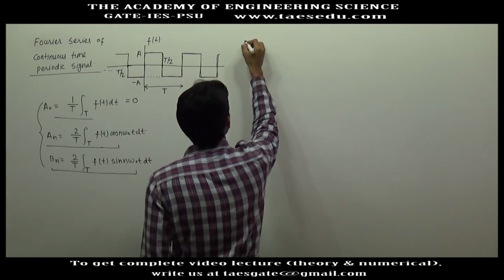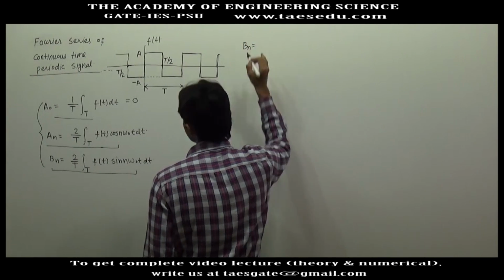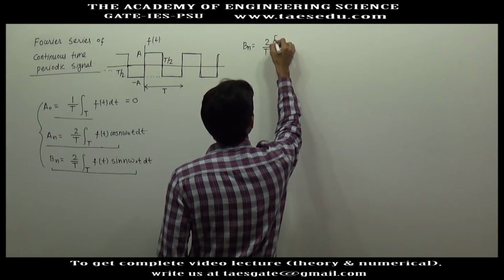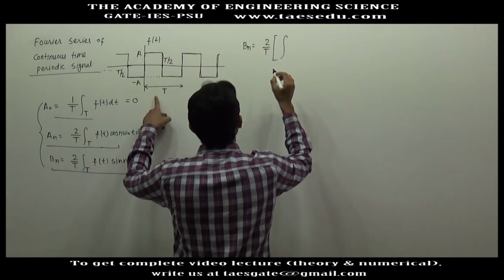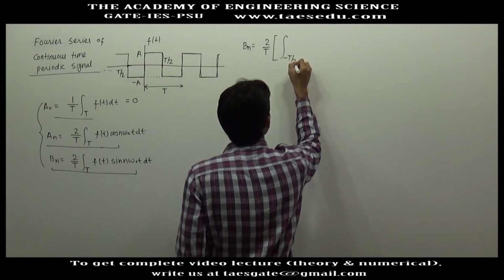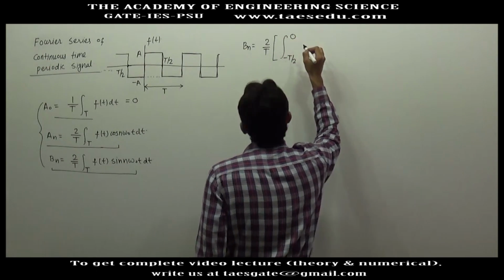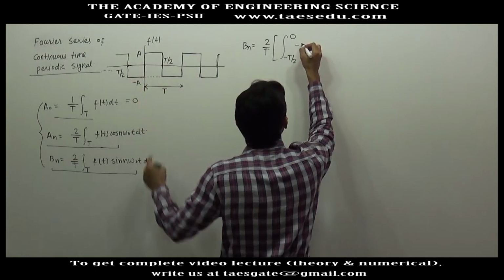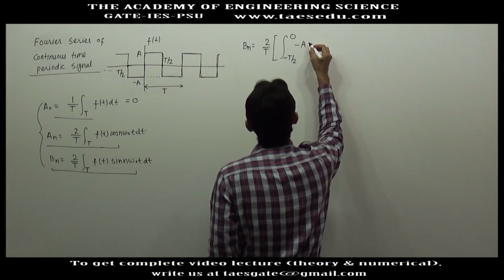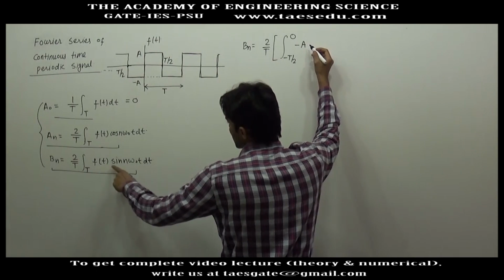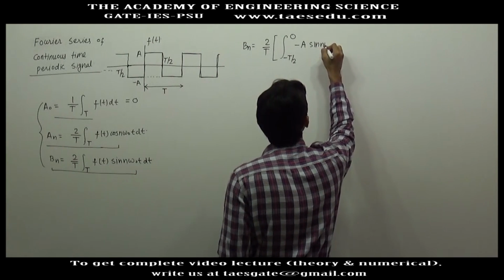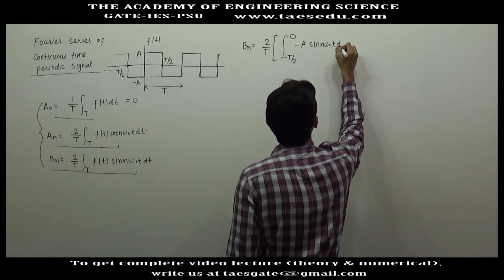If we solve for bn, it is equal to 2 by T, and we will break this integration into two parts: minus T by 2 to 0, where the value of the function f(t) is minus A, constant at minus A, and here we have sine n omega naught t dt.